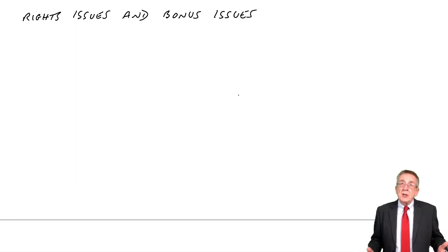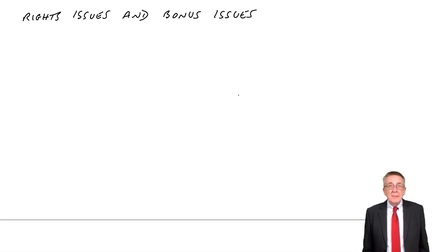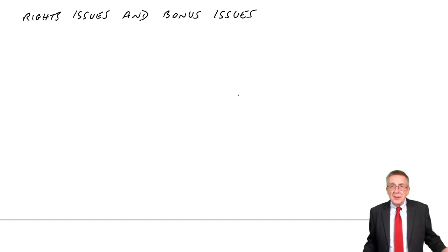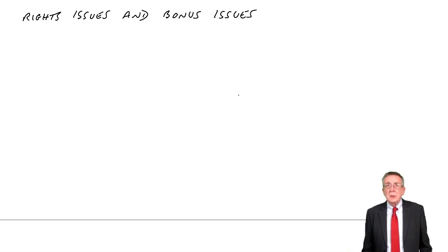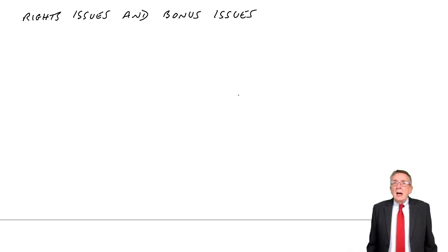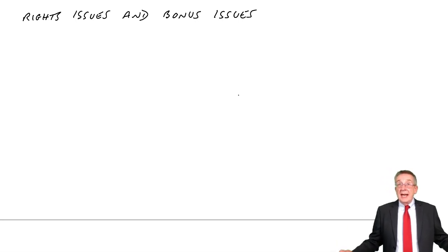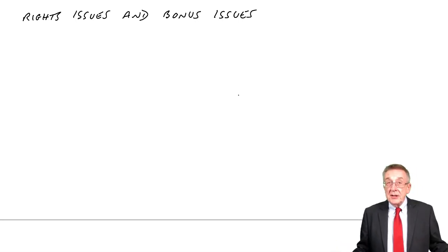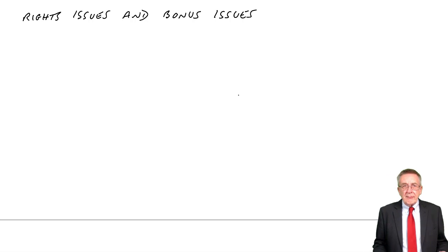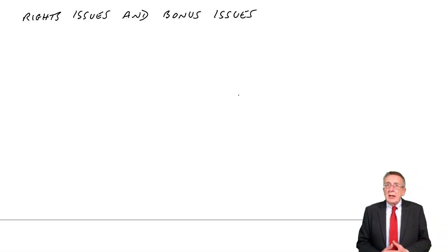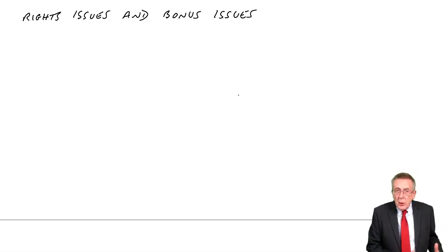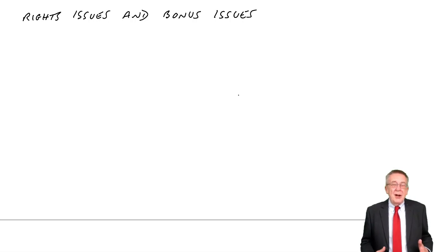If a company wants to issue more shares, they can issue them to anybody. We call it a public issue, where you advertise that there are new shares for sale and invite anyone to buy them. However, for a small company, that's not very easy.